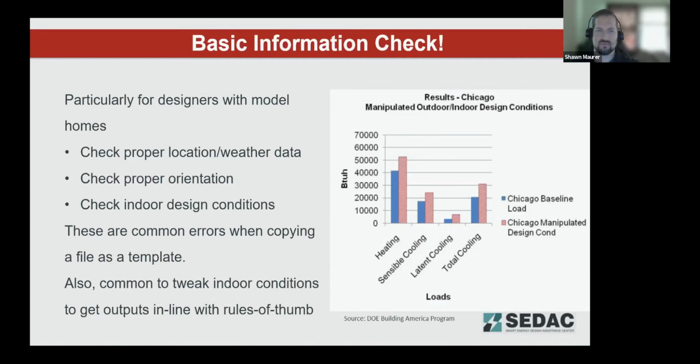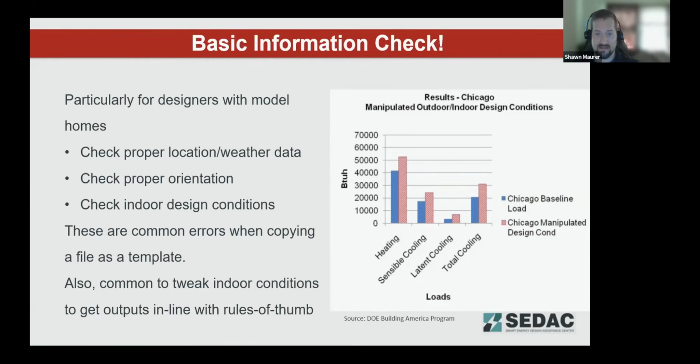So here is an example from some Manual J calculations done in the Chicago area where they manipulated the indoor and outdoor design temperatures. So they flipped the summer and winter design condition temperatures for the interior. And instead of using the design outdoor conditions of 89 Fahrenheit for cooling and -2 Fahrenheit for heating, they went with temperature extremes in the Chicago area of 97 degrees and 11 Fahrenheit.